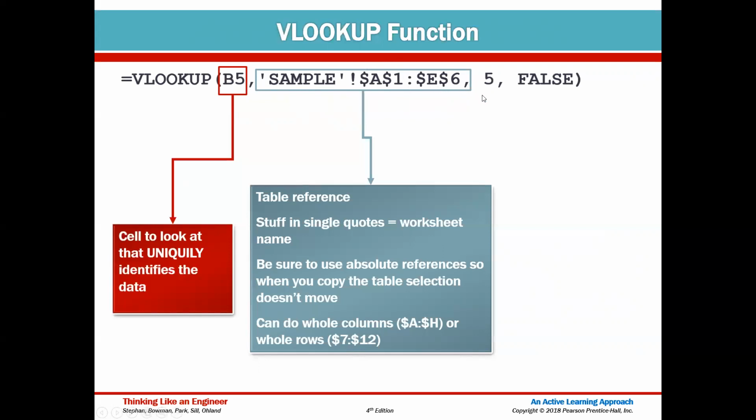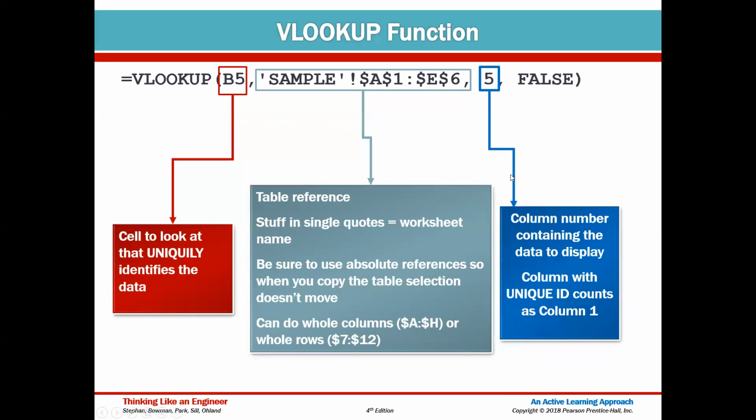And then we are looking up from column 5 in this table. So column 5 would correspond to A, B, C, D, E, saying that out of column E, which is our 5th column, is where our data can be found that corresponds to this cell B5.